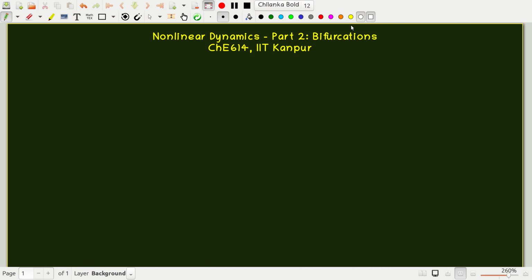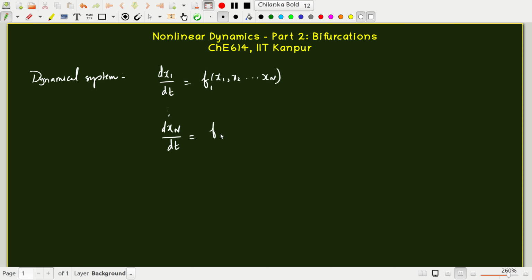Okay, in the previous module, we started understanding what is called a dynamical system. A dynamical system is nothing but a system of coupled nonlinear ordinary differential equations of the form dx1/dt is some function f1 of x1, x2, ..., xn, and similarly all the way up to dxn/dt is equal to some other function fn of x1, x2, all the way up to xn.